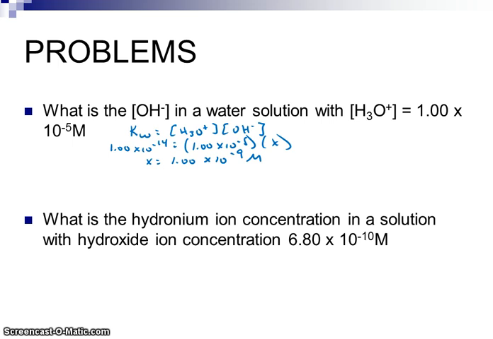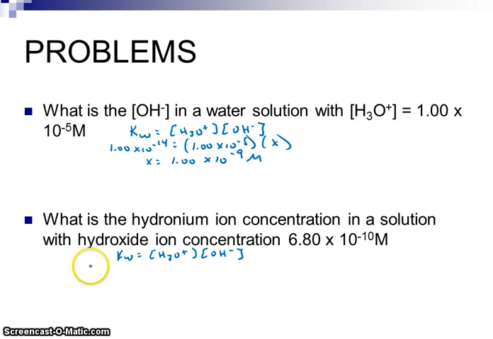Now, we can do a problem like this. What is the hydronium ion concentration in a solution with a hydroxide ion concentration of 6.80 times 10 to the minus 10? Again, we're comparing hydronium and hydroxide, so we'll put our equation. Kw equals our hydronium ion concentration times our hydroxide ion concentration.